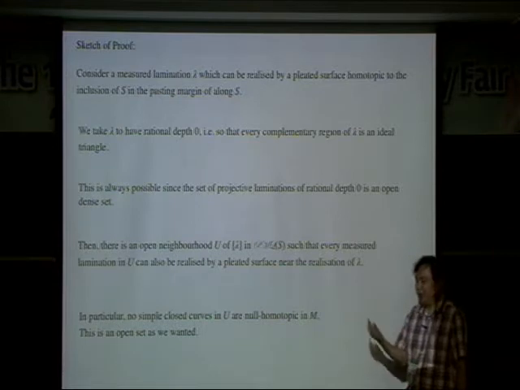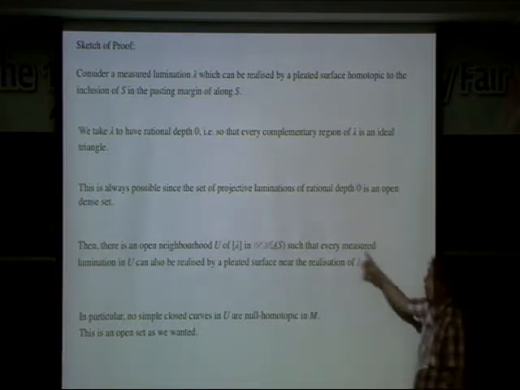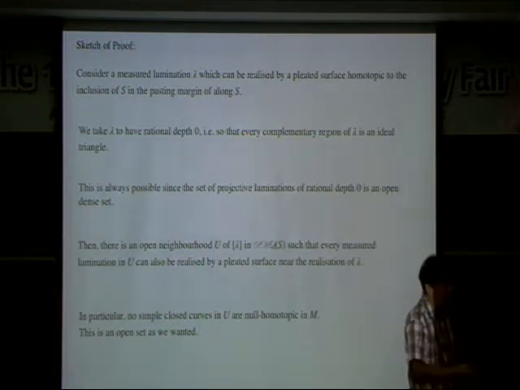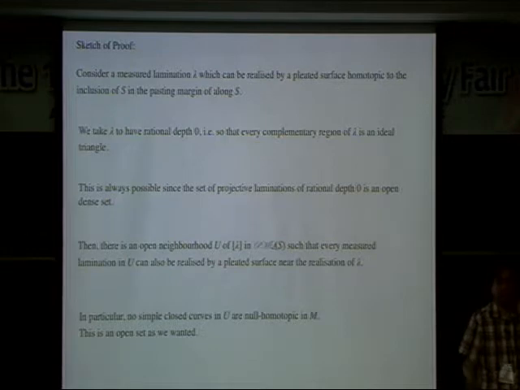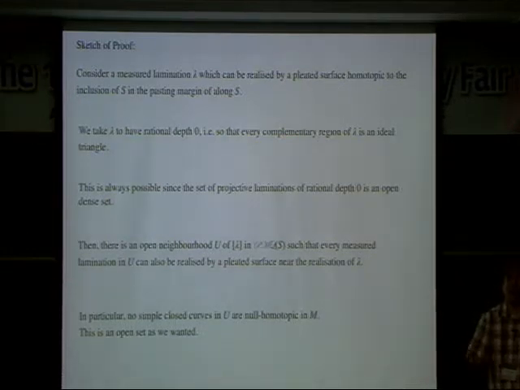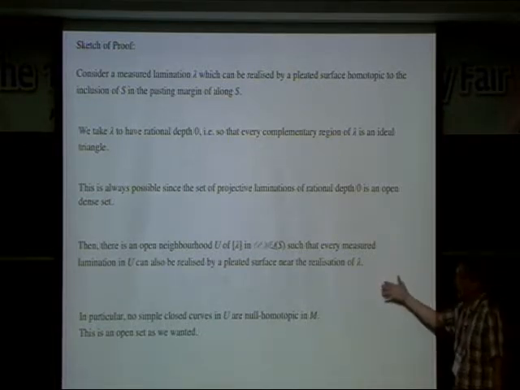That means if you have a simple curve contained in that open set, this curve should be realized as a closed geodesic in there. In particular, that cannot be non-homotopic. So that's actually the proof.